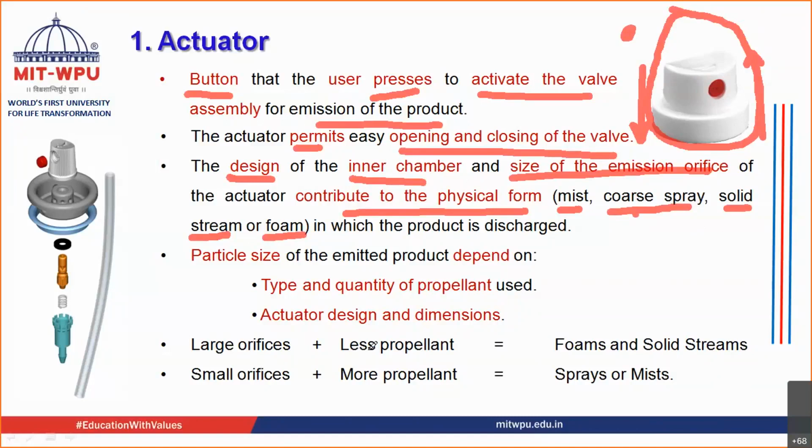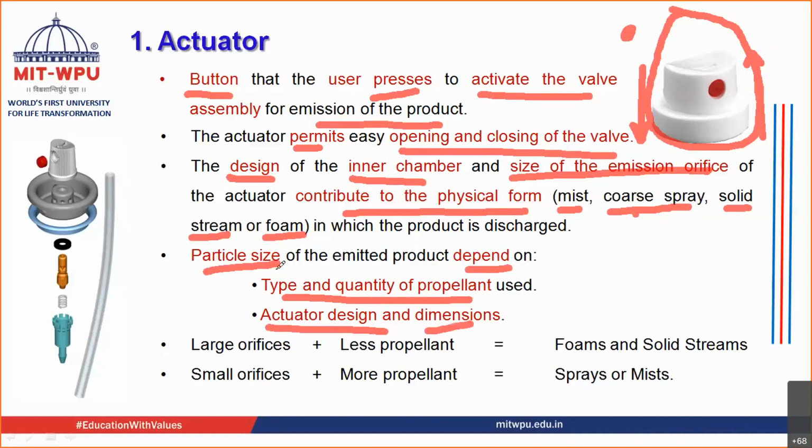Now also the particle size of the emitted product depends upon two things. It depends upon the type and quantity of propellant, which we talked about earlier, and it also depends upon the actuator design and dimensions, which we talked about now.